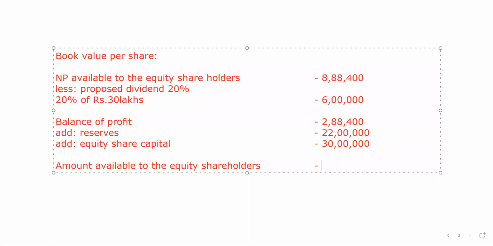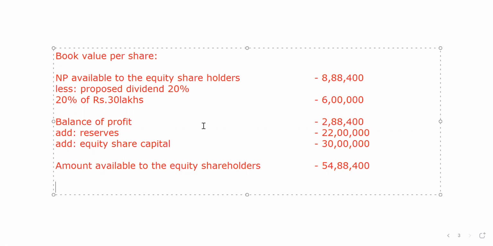Amount available to the equity shareholders will be 54 lakh 88,400. Now we need to calculate book value per share.